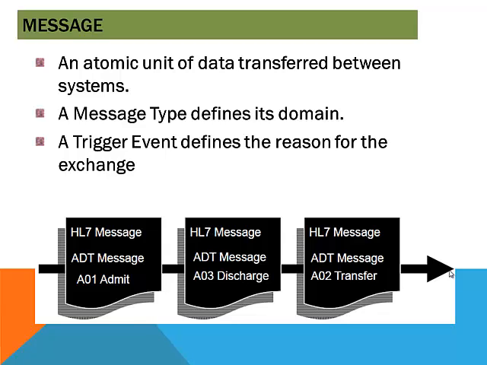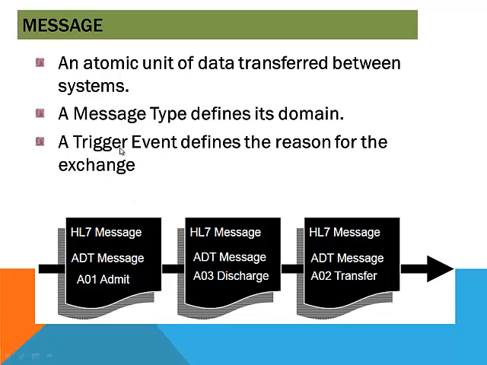As we just talked about, the message is the core thing in HL7. So HL7 majorly deals with the message. A message is defined as an atomic unit of data transferred between systems. In an HL7 message, we have two important things.